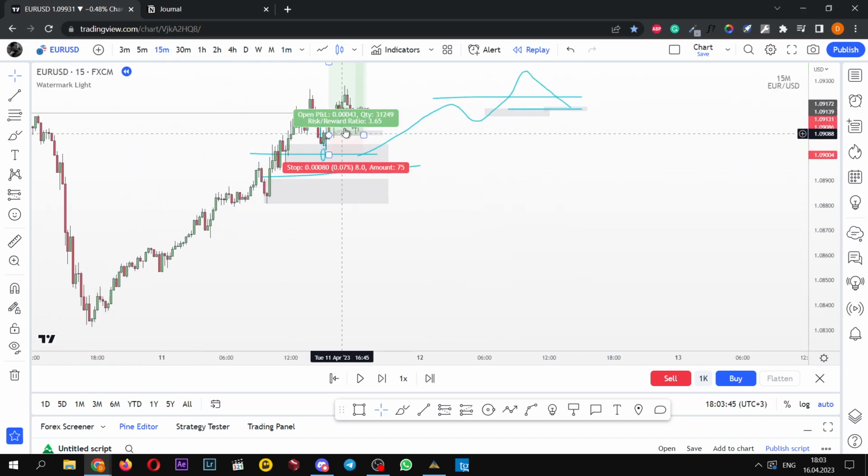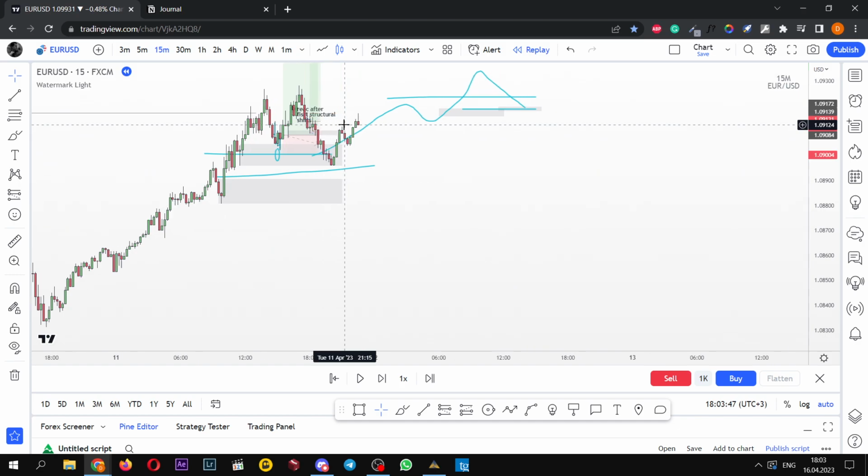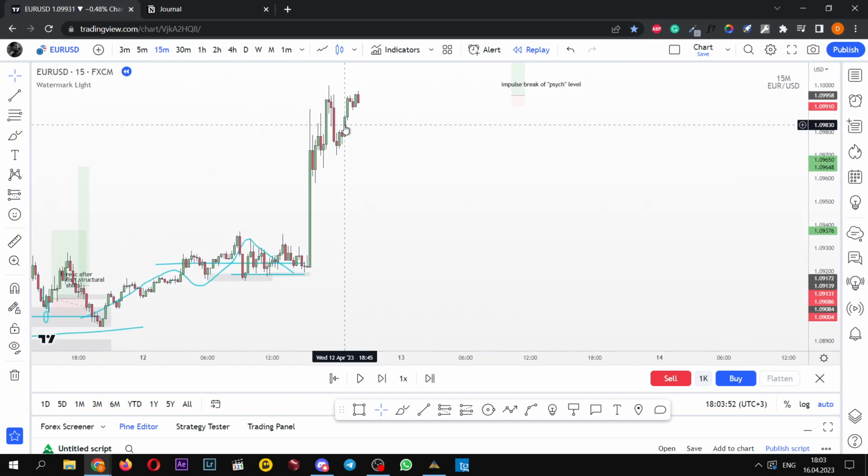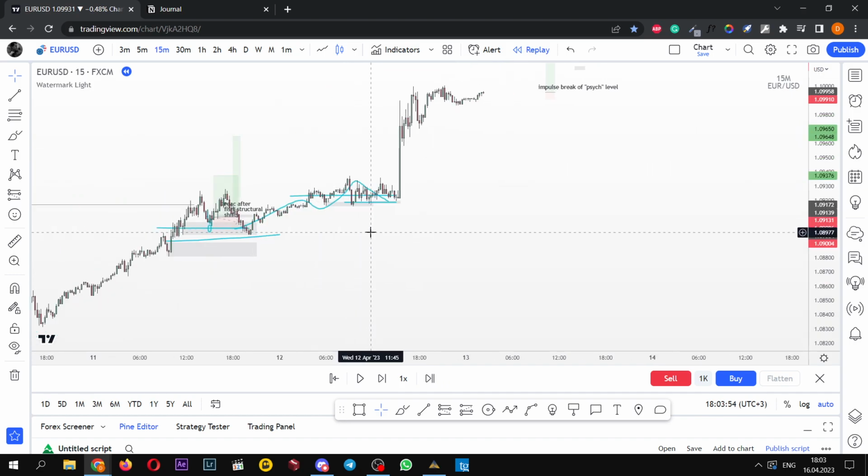The price then just continued in this range, and during the next days it went much higher, so overall respecting the structure, but I was not trading during this time on EUR/USD specifically.